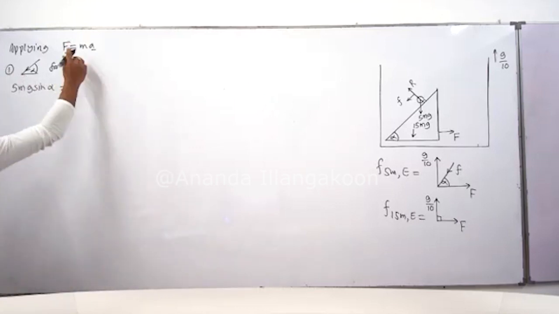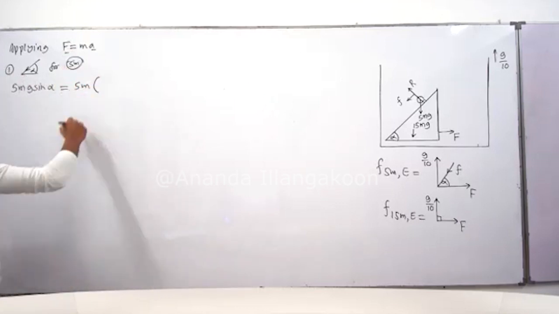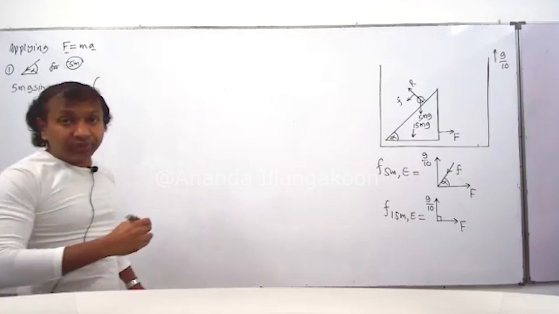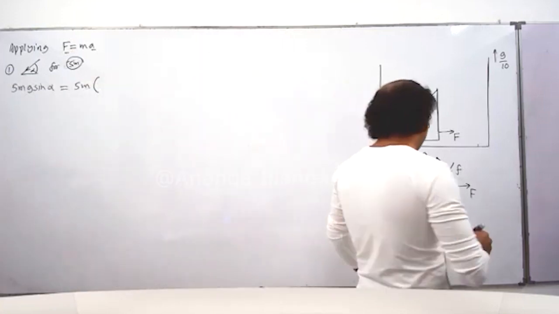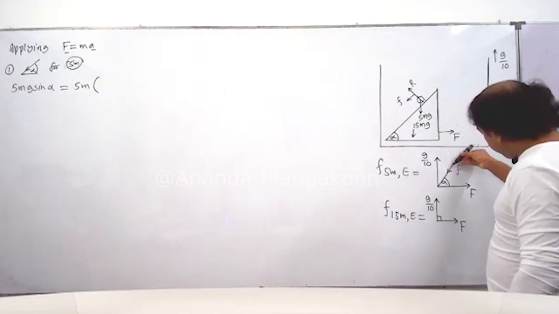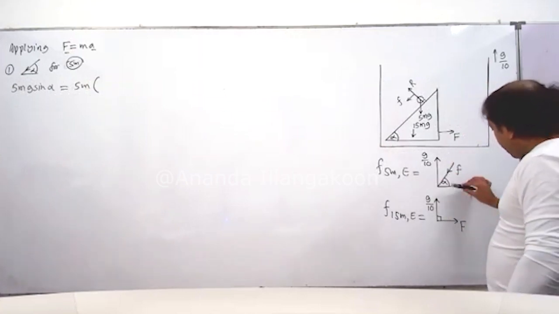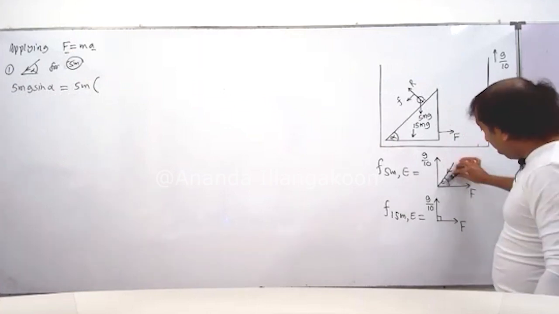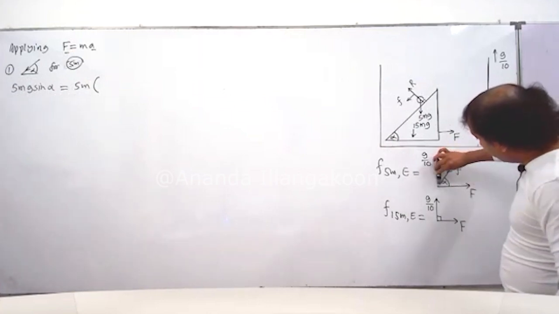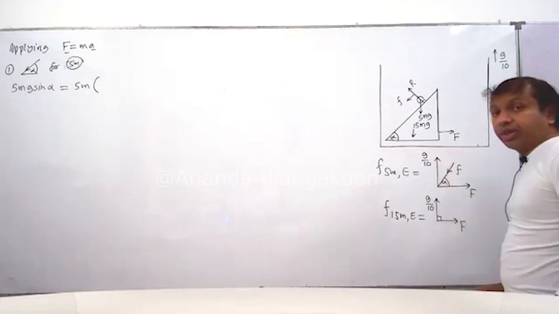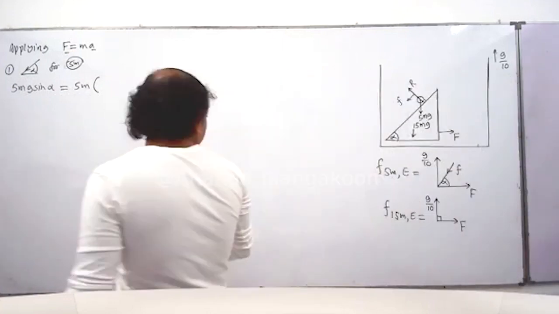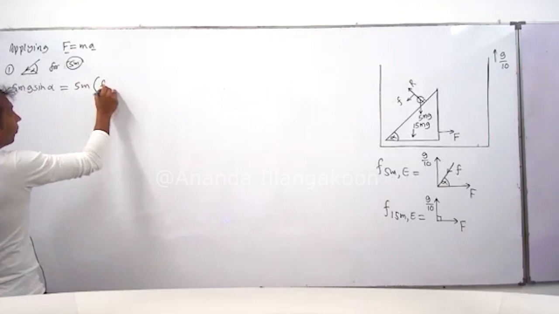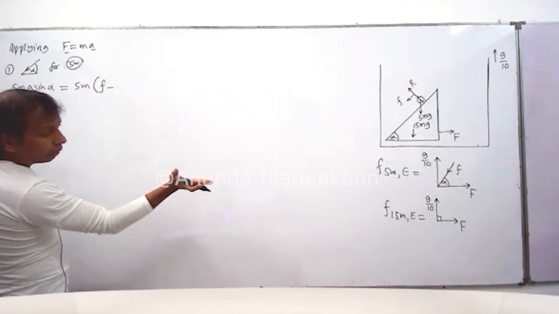All right, the right-hand side means 5m times the acceleration relative to Earth along that direction. Here the simple F is there. By this capital F, the component in this direction is F cos alpha. And g by 10 also has a component in this direction, sin alpha. Then simple F minus capital F cos alpha.